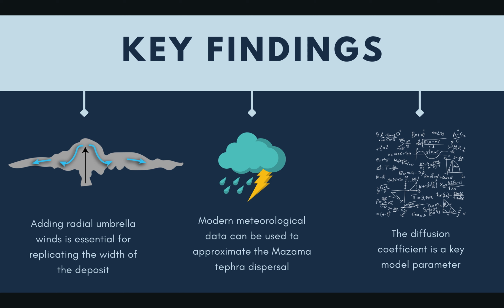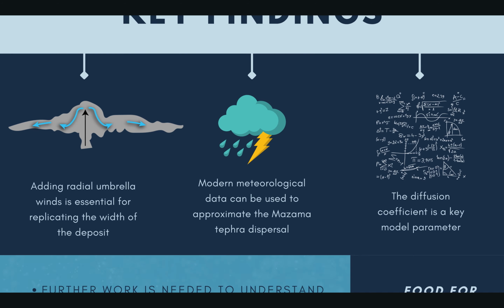For instance, for much older eruptions, you might have different wind fields from what was occurring during the eruption. So that was a real benefit of using the Mazama deposit. And finally, this diffusion coefficient, yet again, as found in previous studies, is really key to matching the deposit to what we see on the ground. But more importantly, as I said, was this radial umbrella cloud spreading.